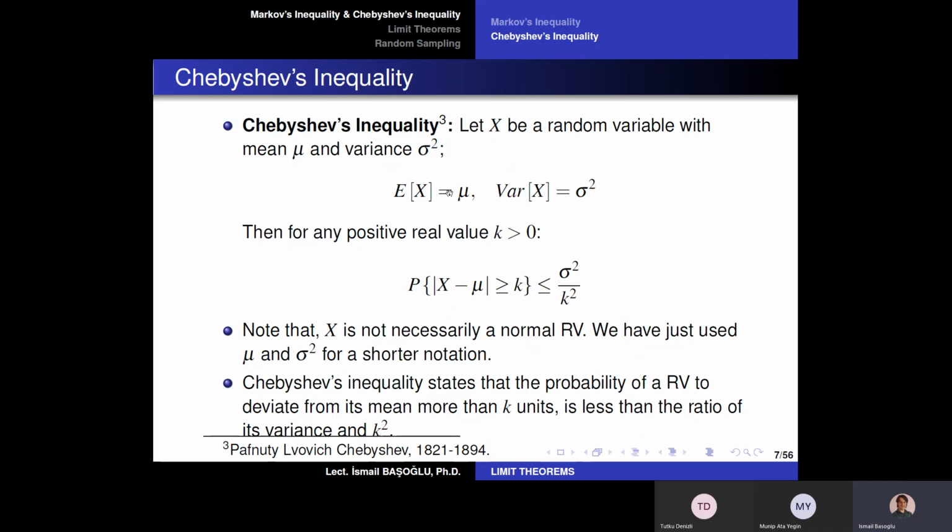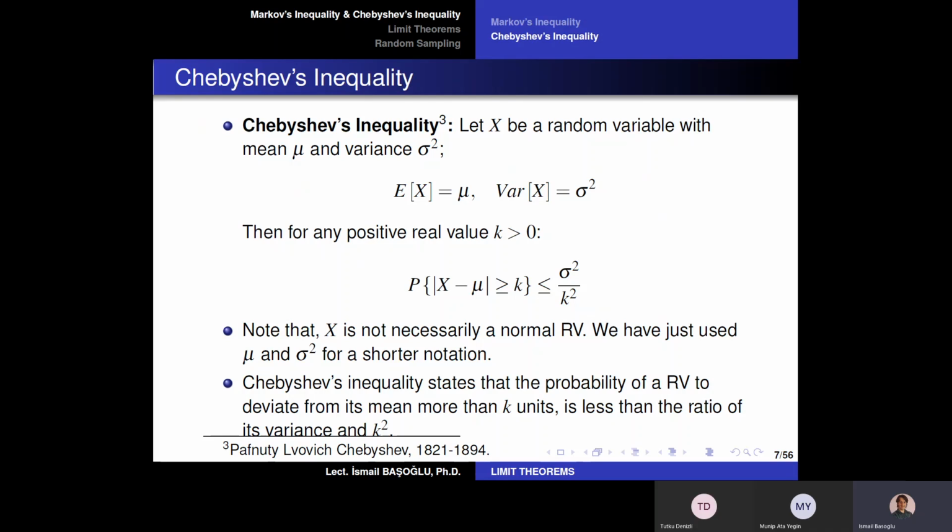Sometimes students think that because we are writing mu and sigma square as the expected value and the variance, because we are using these Greek letters, we know the distribution and it is normal. No, actually it is not. I am just writing the expected value as mu and the variance as sigma square for symbolic purposes.